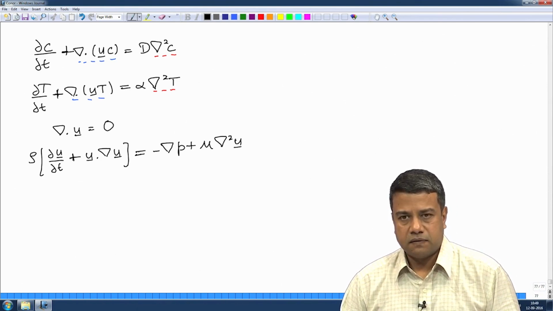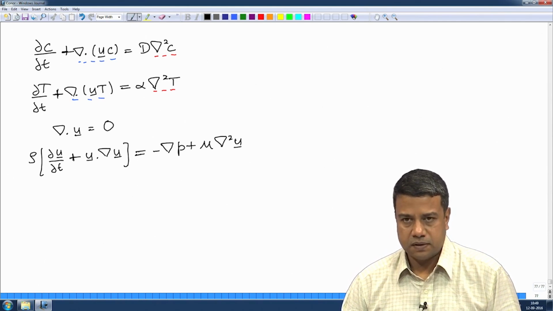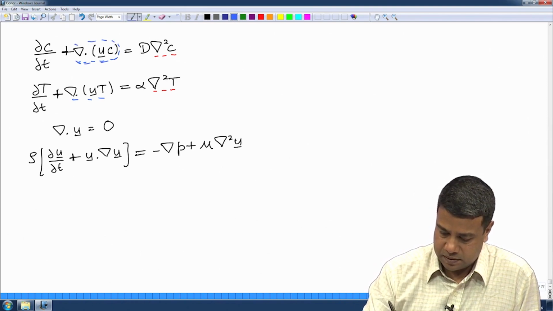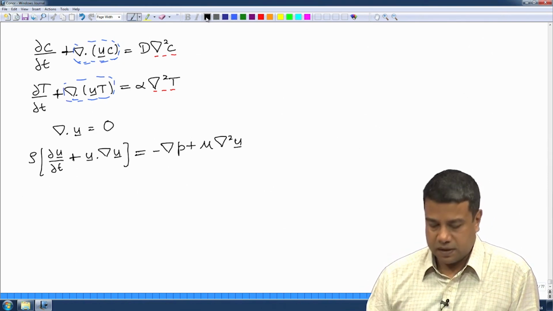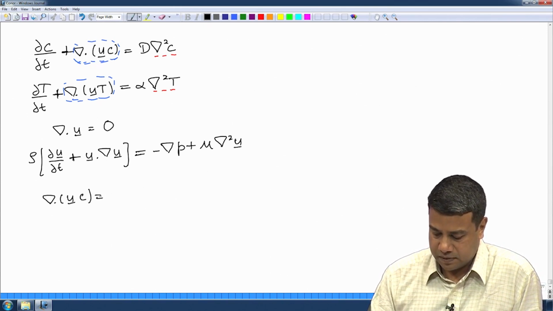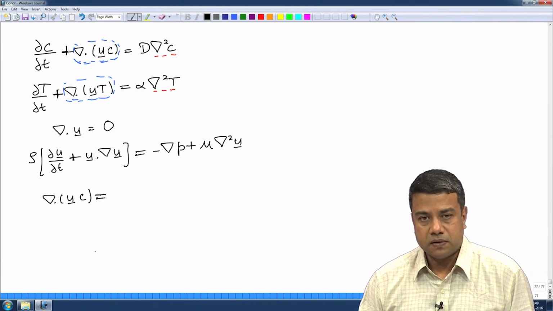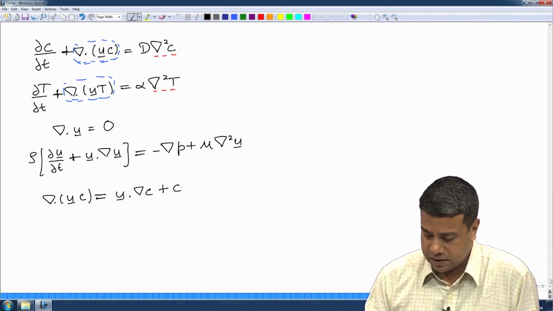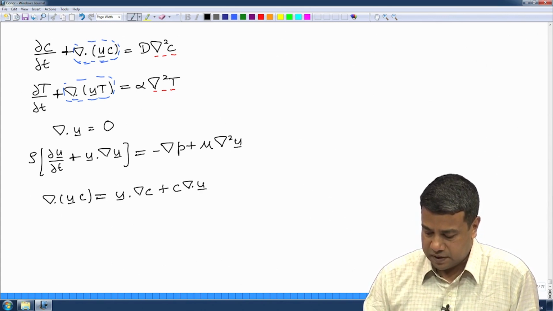I should note that if the fluid is incompressible, these terms here, the blue terms, can be alternately written. I can write down del dot u c is equal to, differentiating using chain rule, u dot the gradient of the concentration plus concentration times divergence of velocity.